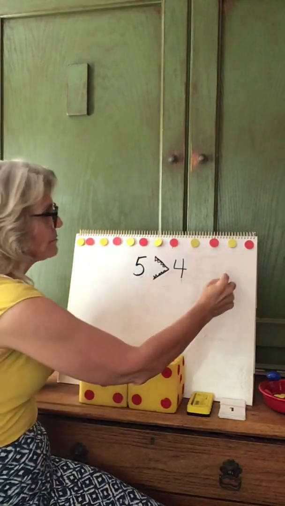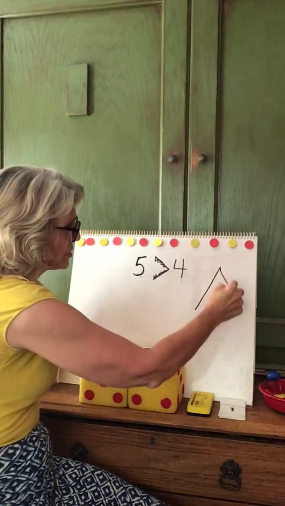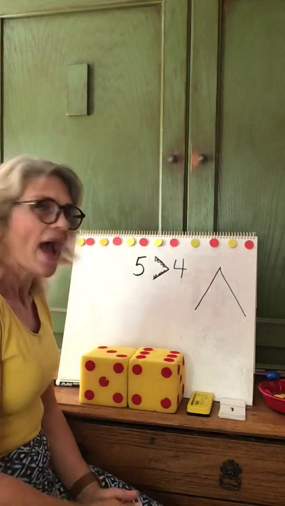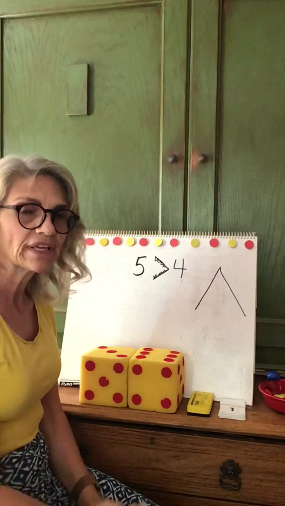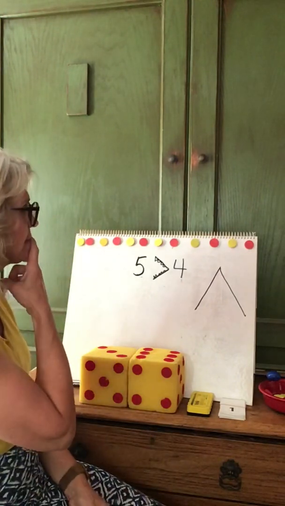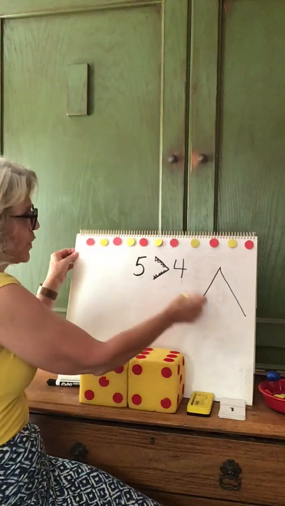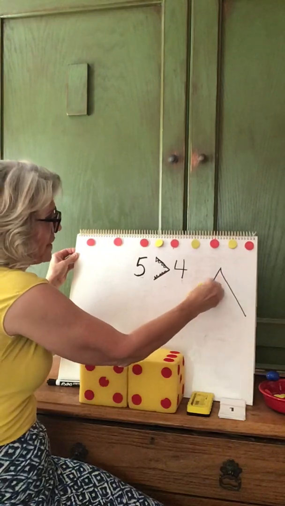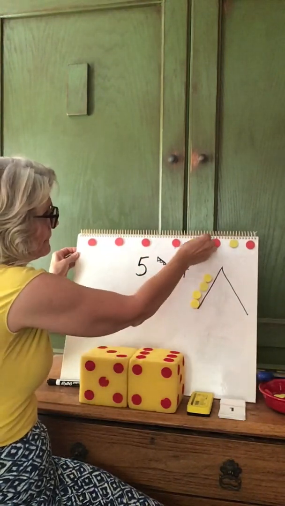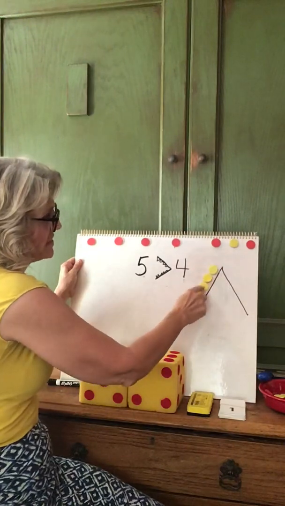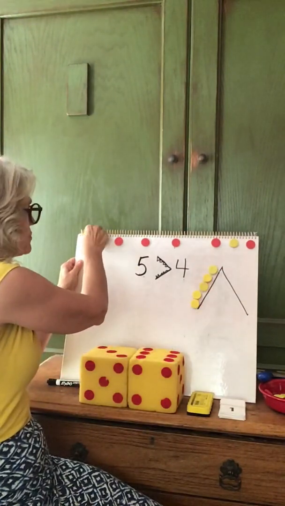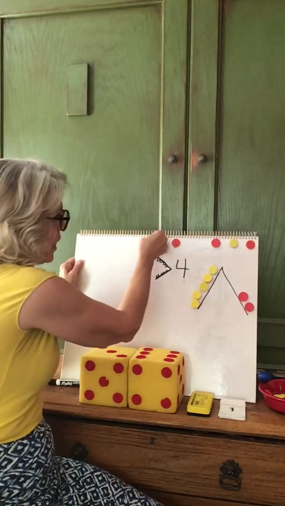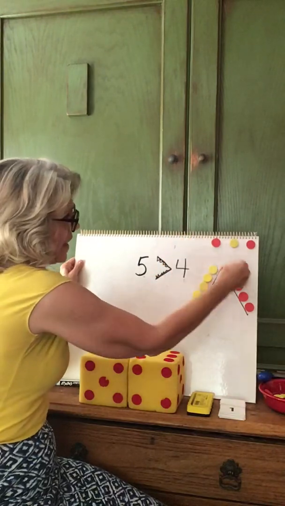Okay, and then I'm going to go ahead and make my math mountain over on the side. So we can think about how this would look if we were going to do tiny tumblers. So let's see. Why don't we go ahead, put 1, 2, 3, 4, and 5 on this side, and we'll do 4 over here, the tiny tumblers. 1, 2, 3, and 4.